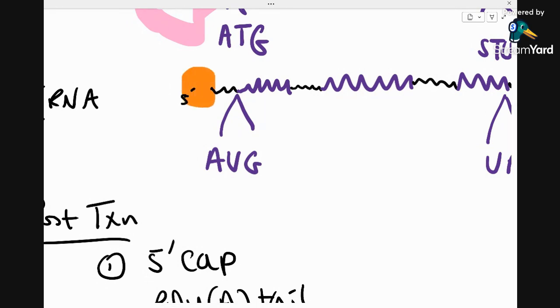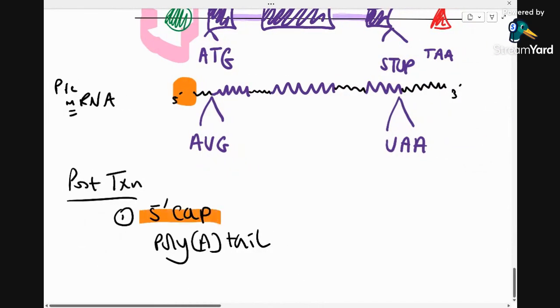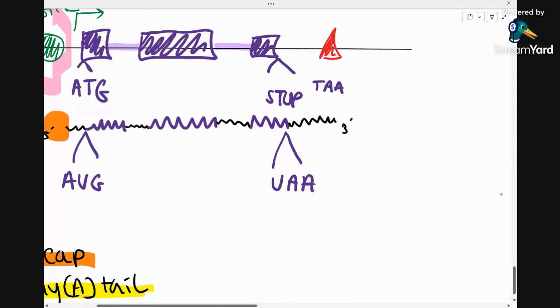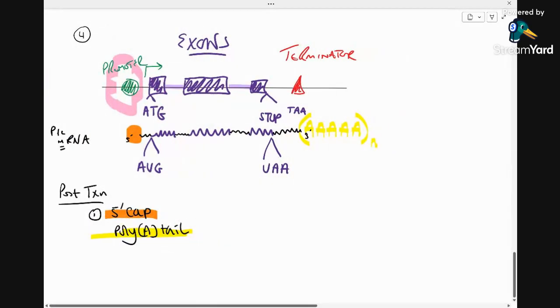Here at the 5' end, called the 5' cap. It's a modified guanine nucleotide if you're interested, but don't worry about it. It's sort of like a protecting group. And then at the end, we have a poly A tail, which I will just do in yellow here. So if I highlight poly A tail here, and the poly A tail is what it says. There is a string of adenine nucleotides that are added, and I'll just put N here, to the 3' end.